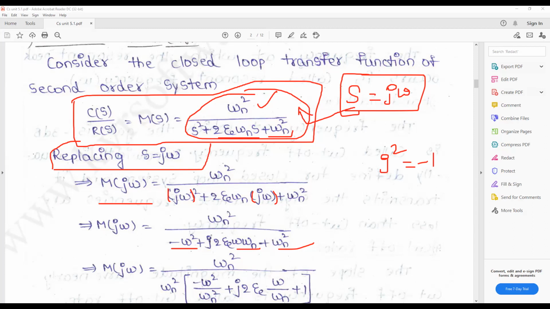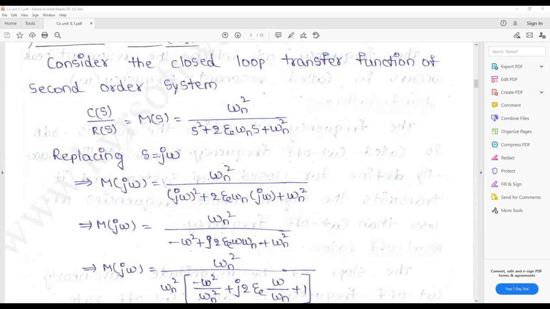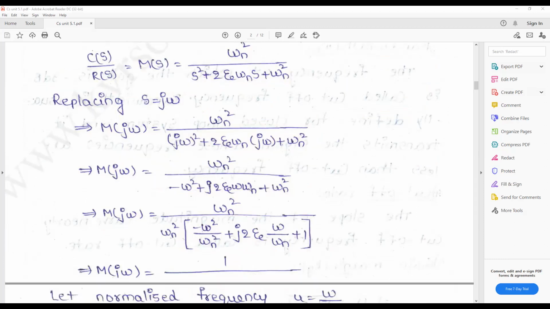Okay, so S is equal to j omega substituted. In the numerator omega n square, and in the denominator omega n square is common.